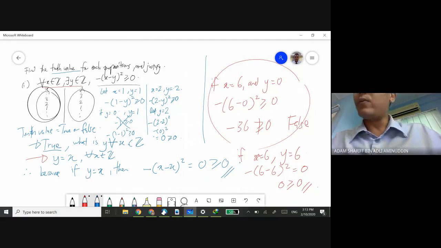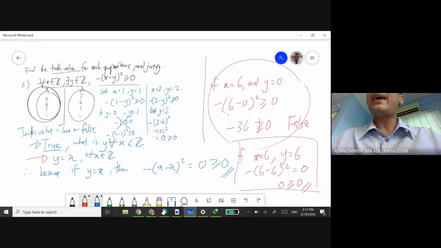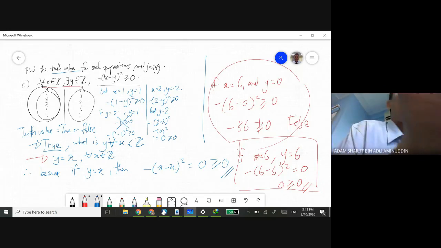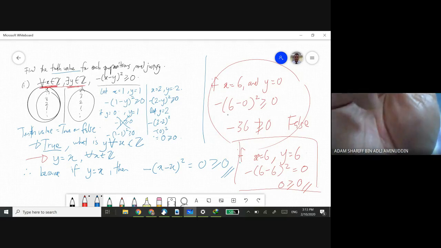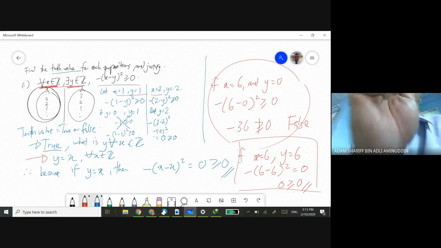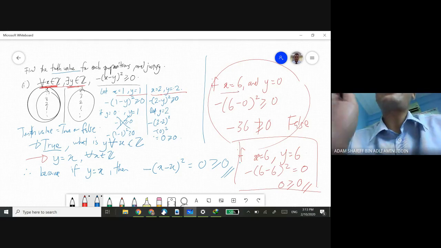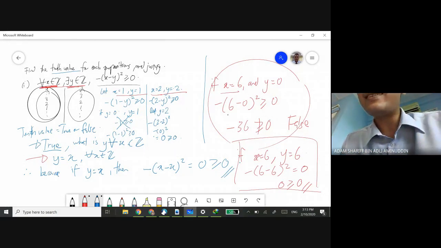So it is still true. But your y for x equals to 6 is not 0. It's 6 itself. Because the question says, read carefully. For every x, dia cakap, there must be y. For x equals to 1, y is 1. For x equals to 2, ada tak y tu? Ada 2. For x equals to 6, ada tak y tu? Ada 6.